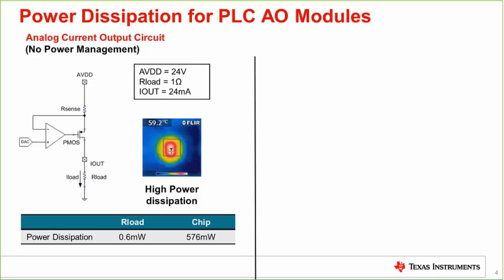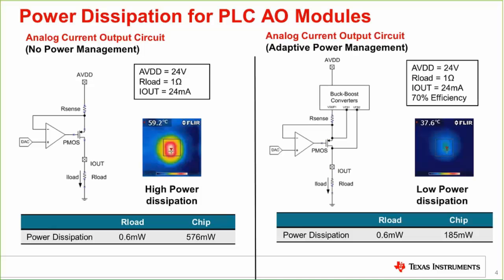The concept behind this quad channel design was to implement a feedback loop along with a buck boost converter that modifies the high side supply voltage that is sent to the PMOS. So in this particular example, again with the 1 ohm load and 24 milliamps, instead of RSense and PMOS seeing a 24 volt high side supply voltage, they see something closer to 4.5 or 4.7 volts.